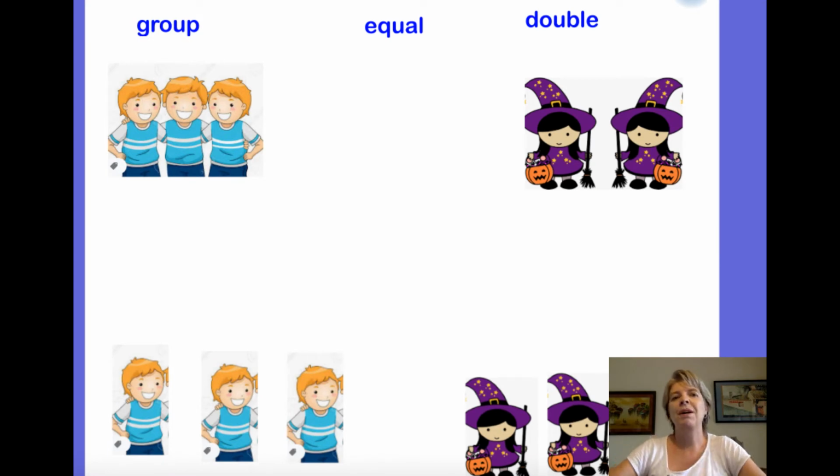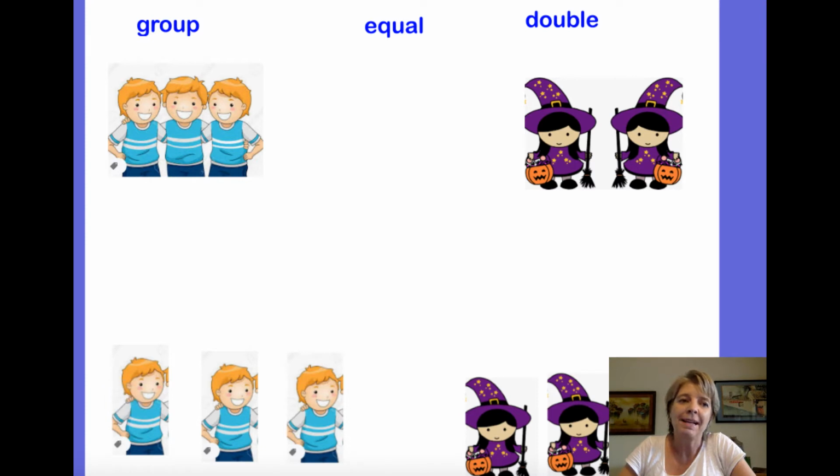When we multiply or times, really we're just adding in groups of the same number. So we need to understand this word here, equal, because we will be using equal groups. So let's have a look at these boys. There are 3 boys here.